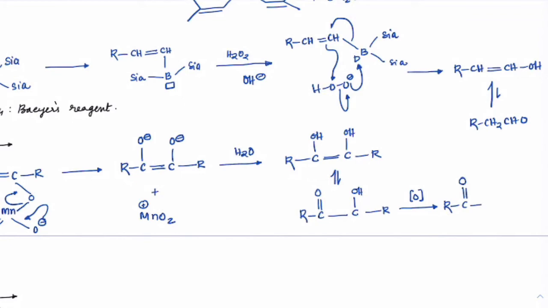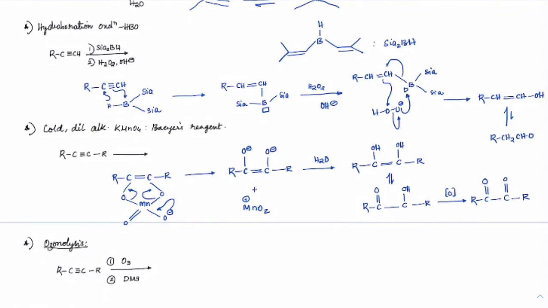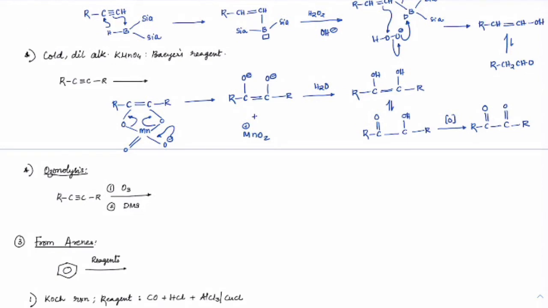We have seen that recently in the alcohols chapter, that primary and secondary alcohols will be converted into respective aldehydes or ketones. Next, ozonolysis on triple bond, how the ozonolysis takes place, right. So, I am directly writing the ozonoid form, which is something which you need to know.